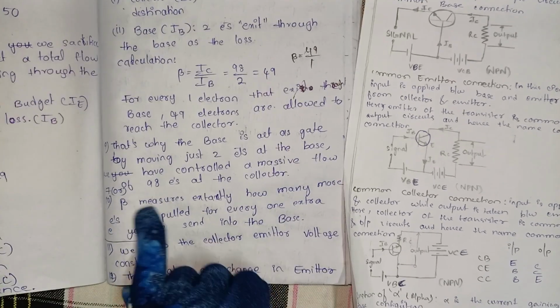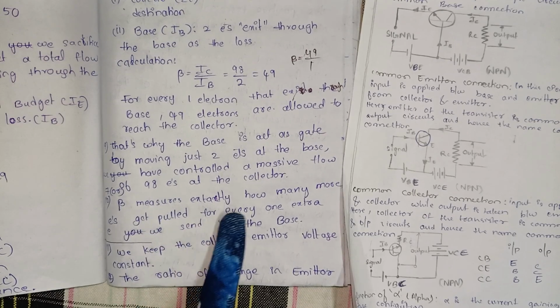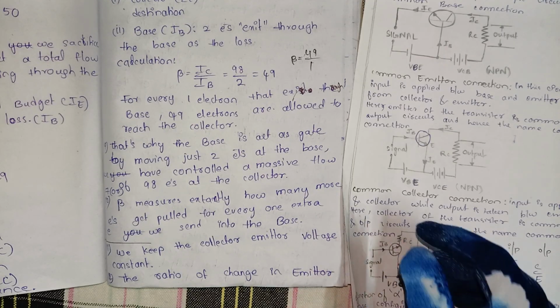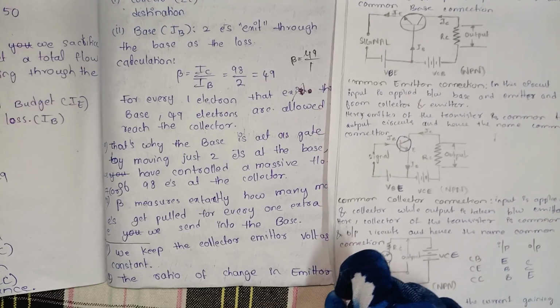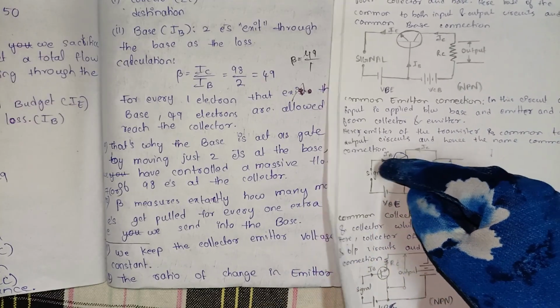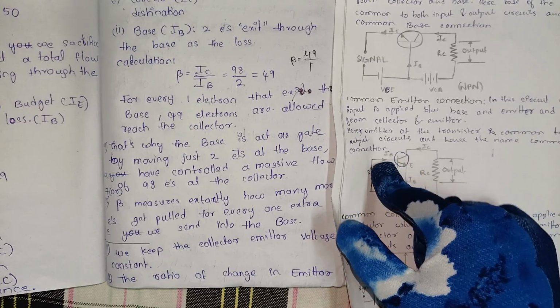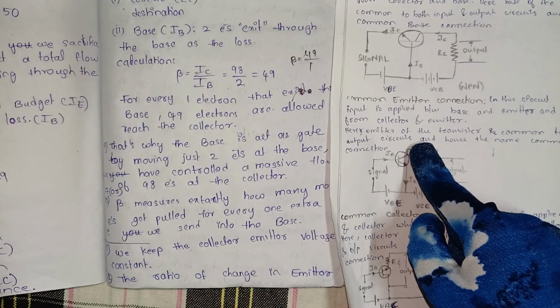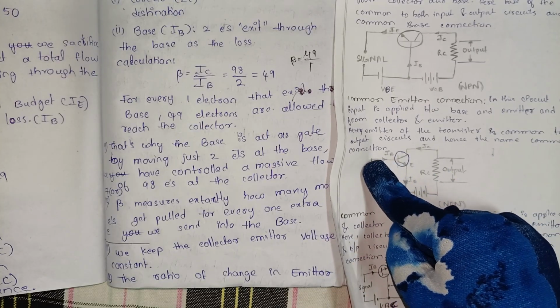Beta measures exactly how many more electrons get pulled into the collector for every one extra electron we send into the base.